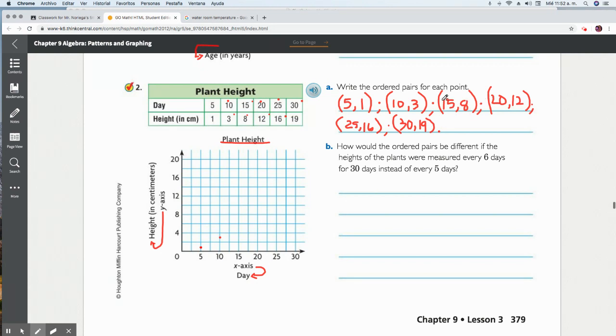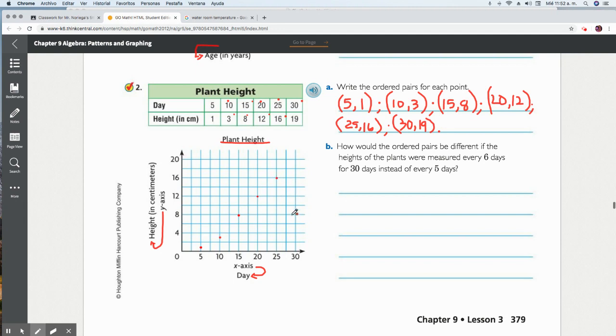So the third ordered pair is 15, 8. I'm going to locate 15 on the x-axis and 8 on the y-axis. It would be right here. Then the next one is 20, 12, so 20 on the x-axis and 12 on the y-axis, which is right here. The next one is 25 and 16, so 25 on our x-axis and 16 on the y-axis.